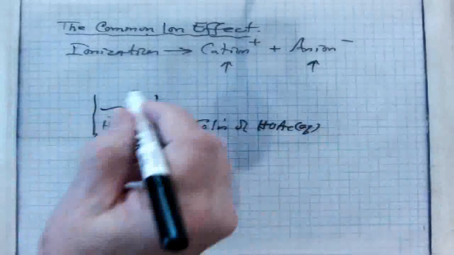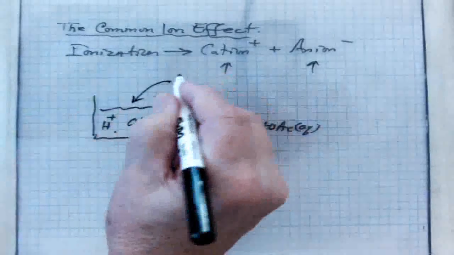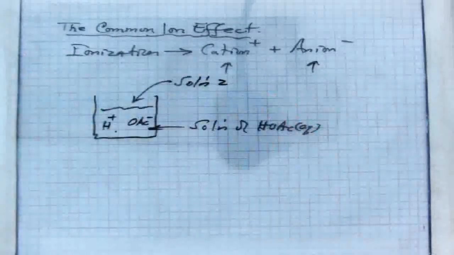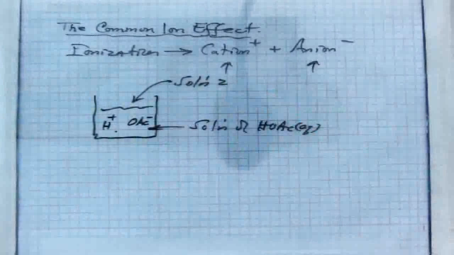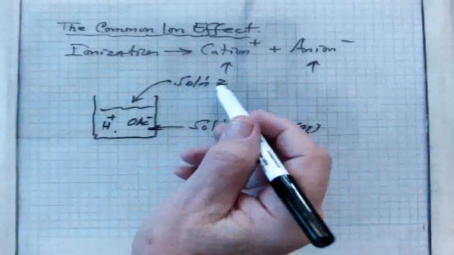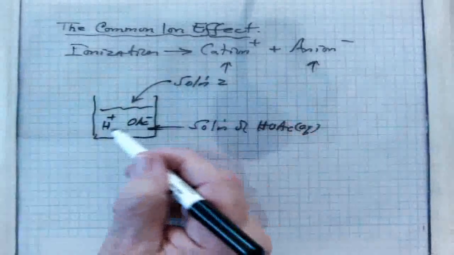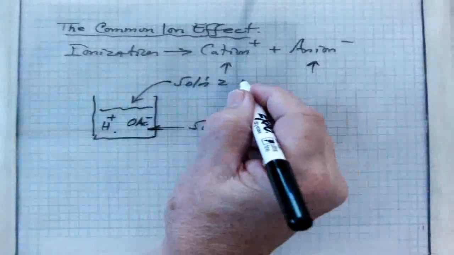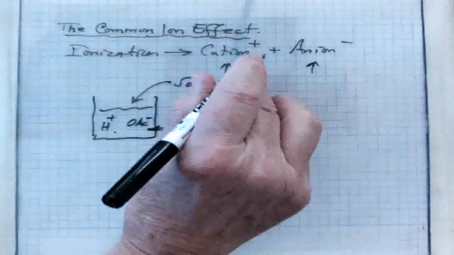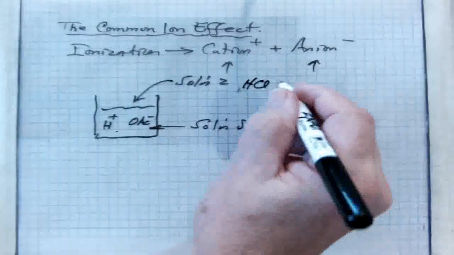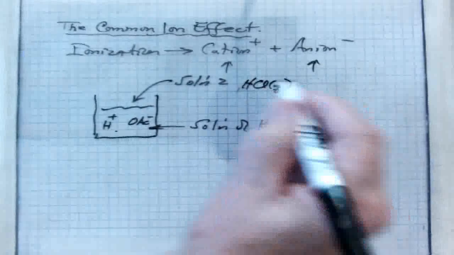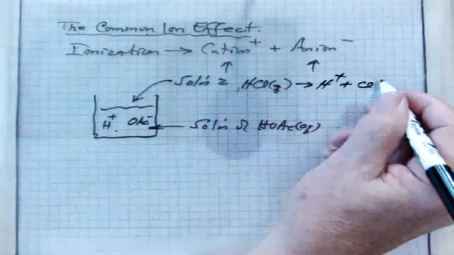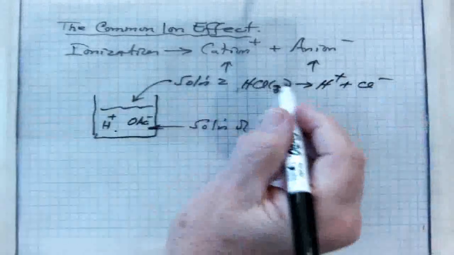That means one or the other of these ions, say HCl solution. Well, what you're doing is you're adding a common ion of that solution you're pouring the acid into.